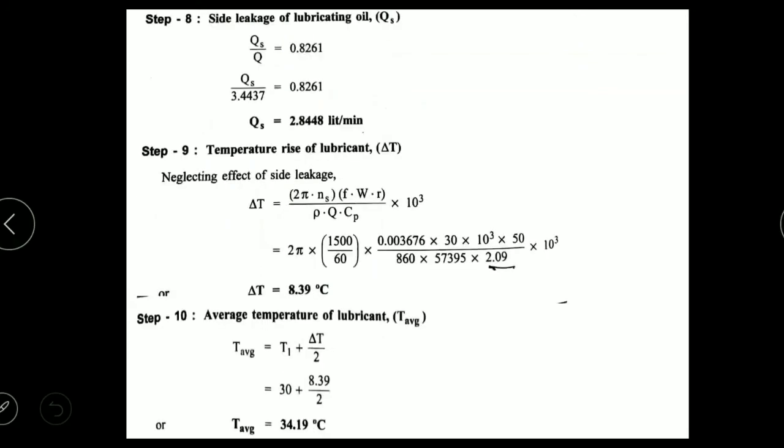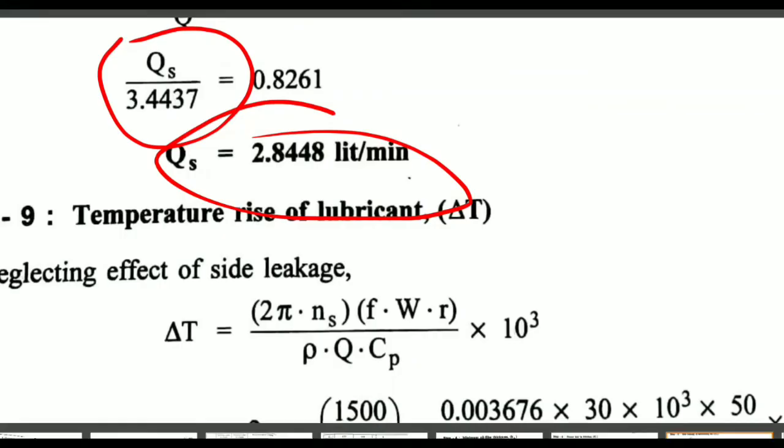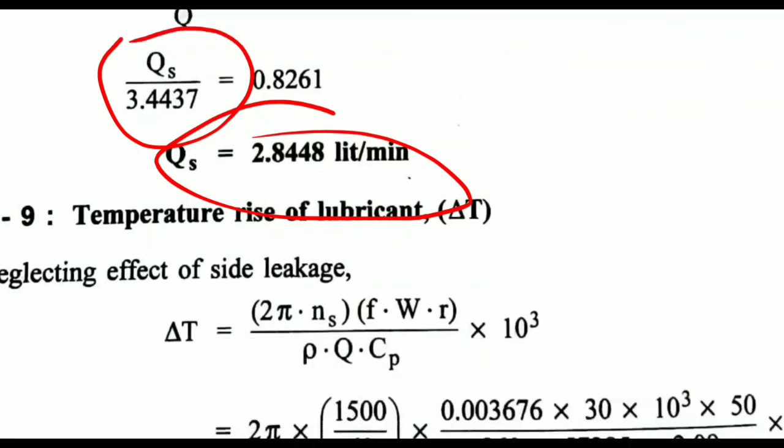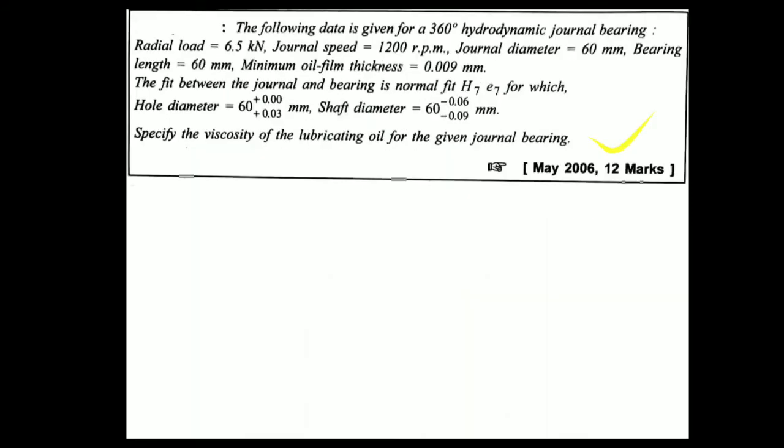That value I will have to take here, and through that I'll get the value of Qs. Are you getting it? This will be the value of Qs, side leakage. This will be our fifth point is over from our side. Now we'll move toward what they have asked. See, side leakage is also over.